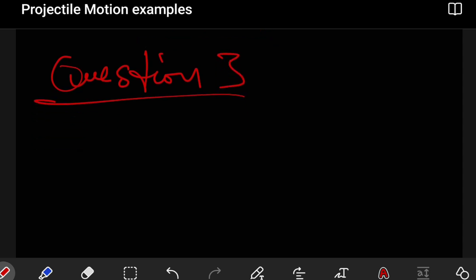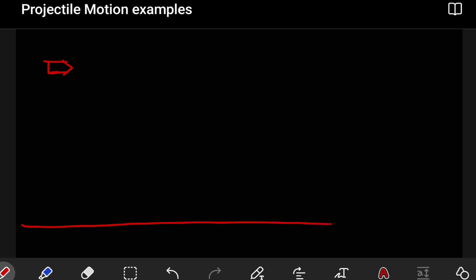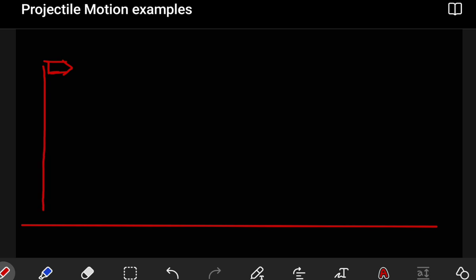So in this case, if you look at what is happening, we have our projectile being fired from a gun. Now, the question is telling us that this gun is some distance above the horizontal. So the distance from where the gun is up to the ground, let's call this h. This height is being given as 45 meters.